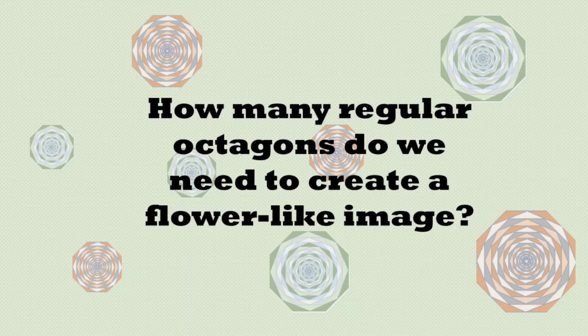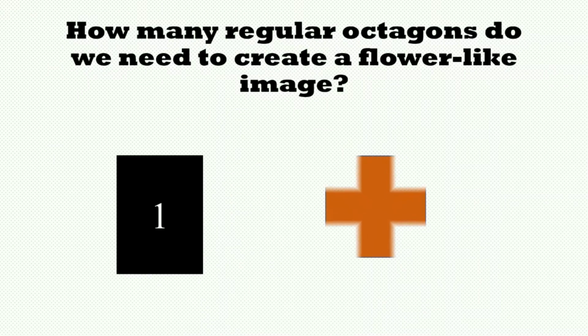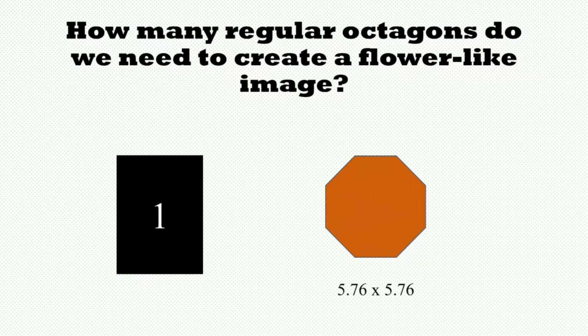Let's now take a look at the first question. How many regular octagons do we need to create a flower-like image? We have here our first regular octagon that measures 5.76 by 5.76, and the second was 5.31 by 5.31.